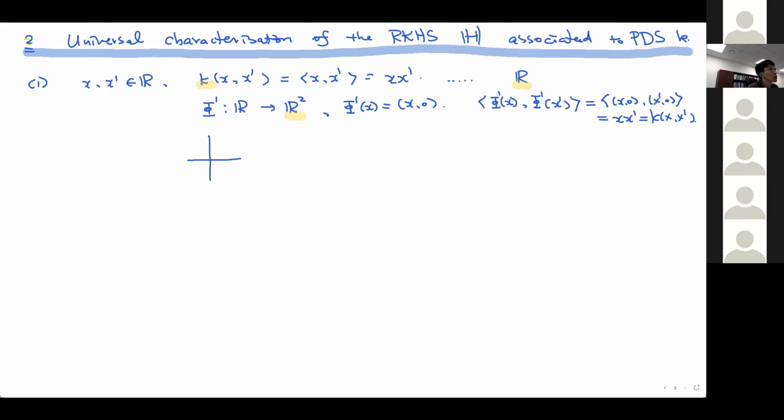But what we are using is only the x-axis. Okay, so that's the only thing that we are using there. And actually what we are using, the x-axis, is exactly isomorphic to the real line that we are using in the first.